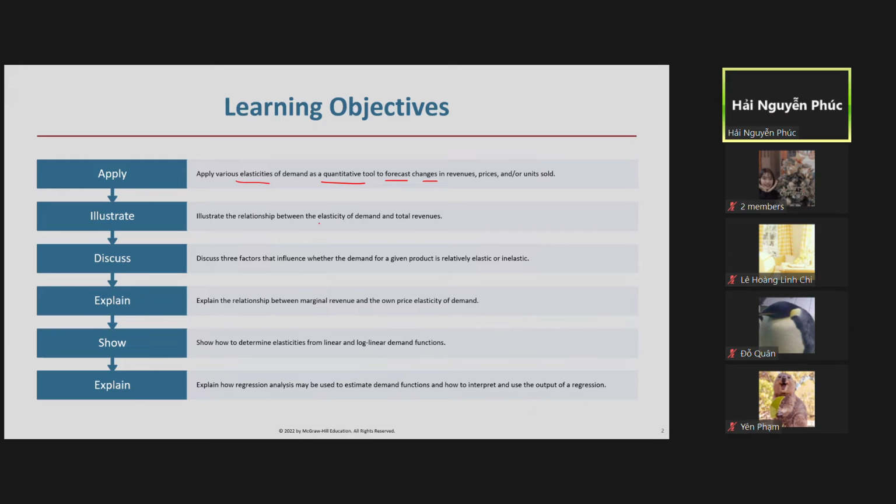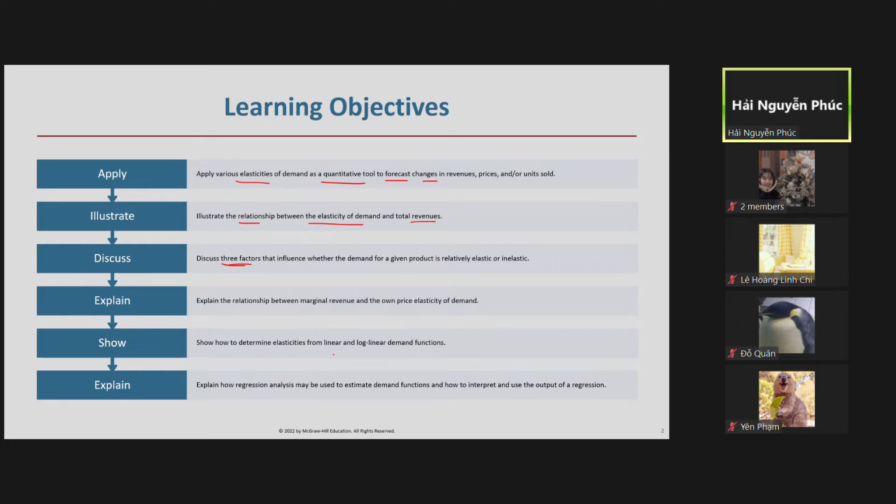We're going to discuss the relationship between elasticity of demand and revenue. We're going to point out the three factors that determine the level of elasticity of demand.